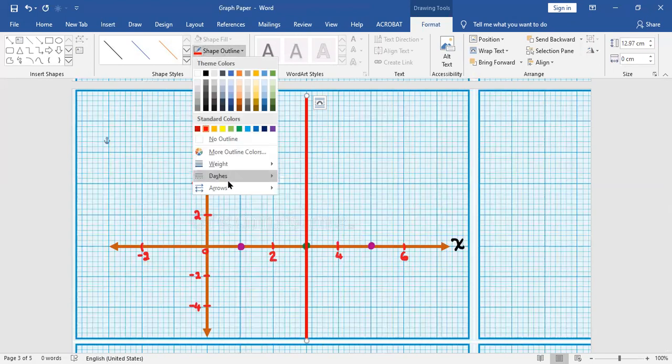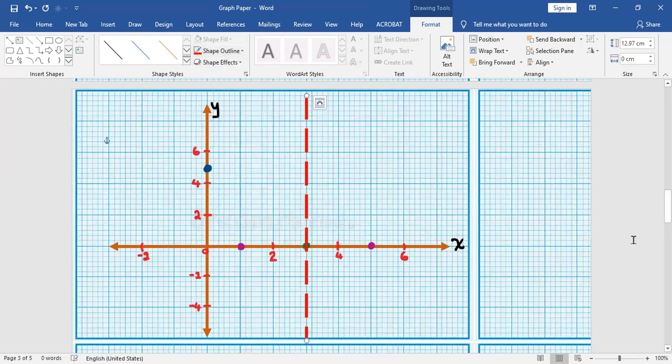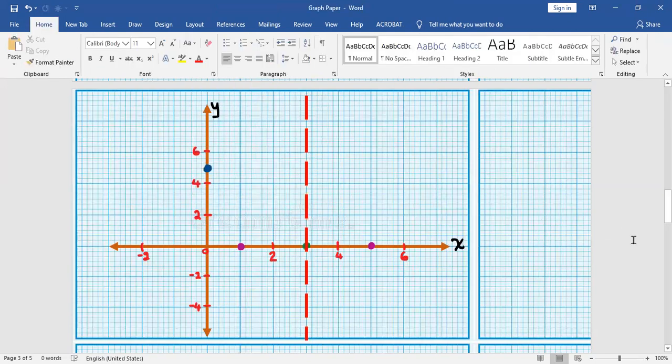So the one that I've put in red is the line of symmetry. Let me make it dotted. Okay, so this is the line of symmetry. Let me write it, line of symmetry.